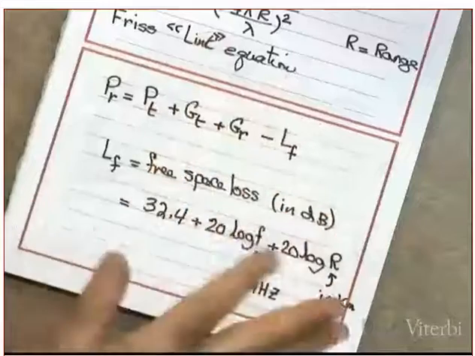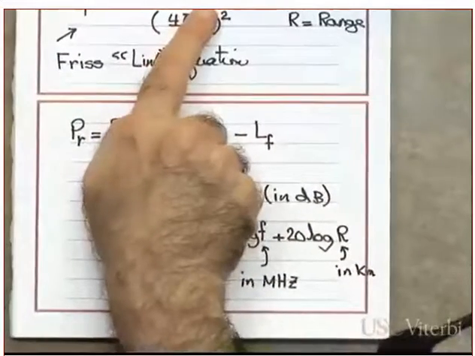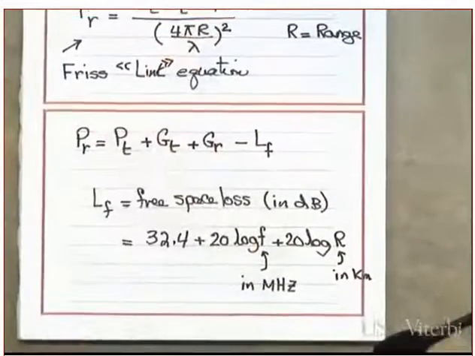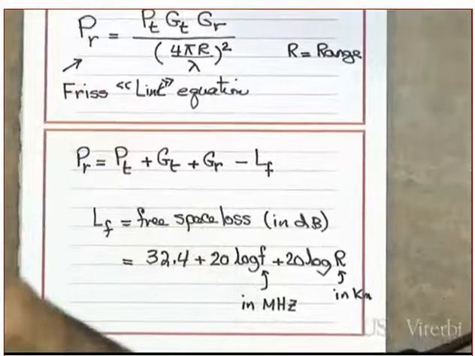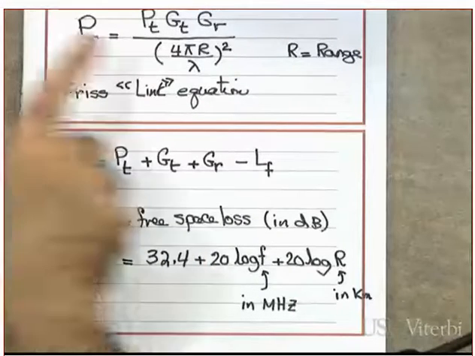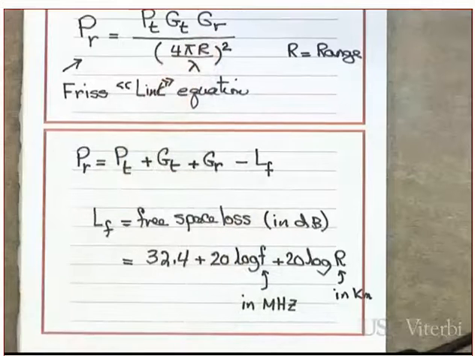By the way, where are we right now? Once you include the GR, where are we? There's the PR at the output of the antenna, because you included the GR, the gain of the receiving antenna. Yes or no? What do I need to calculate next?